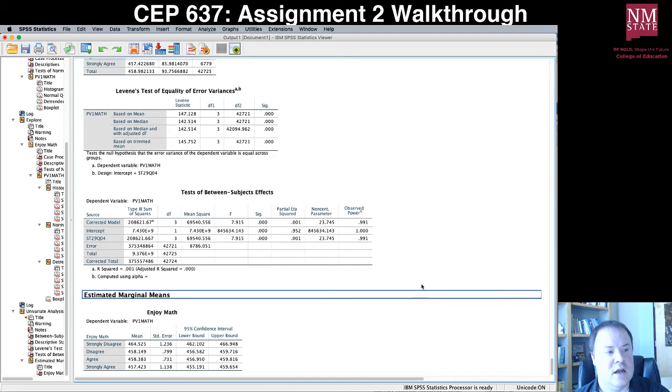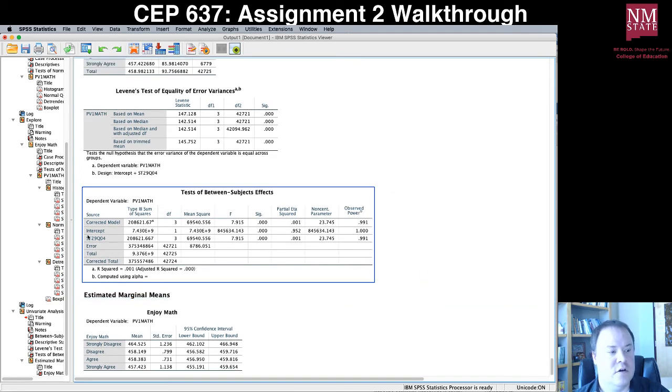Let's look at the ANOVA results. The variable that we care about is this S29Q04. The F statistic is 7.9. That is rather large. And you see that the p-value, the significance column, is 0, meaning that these groups are widely different.